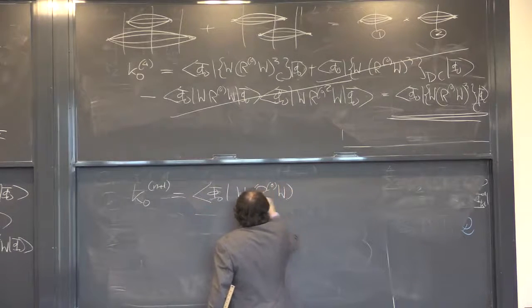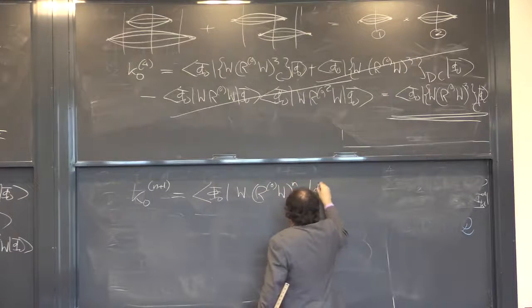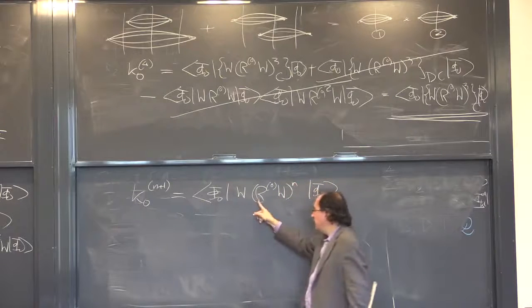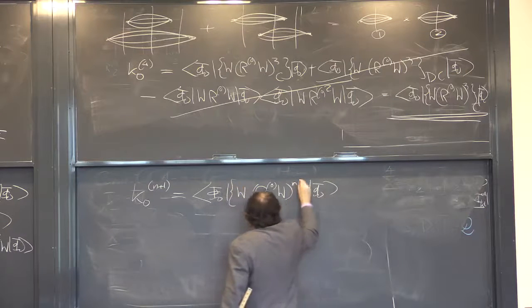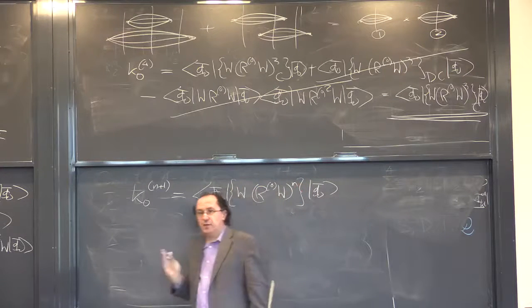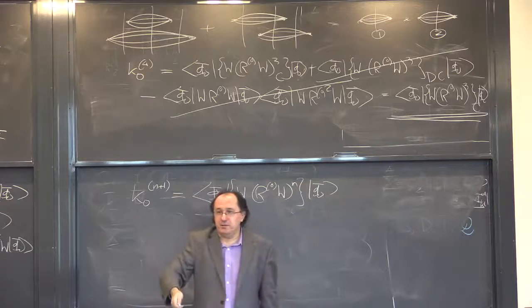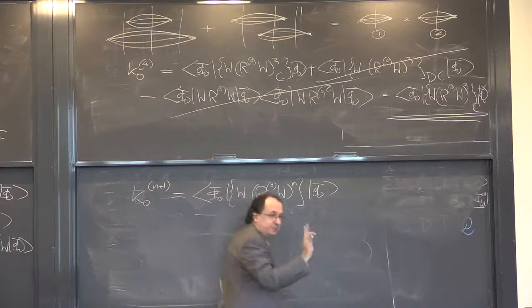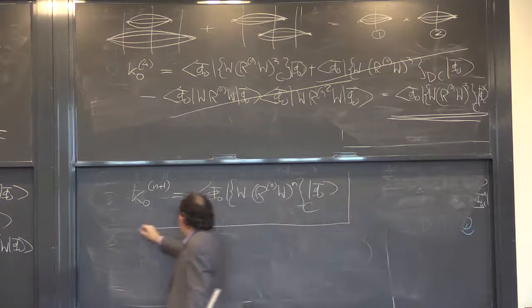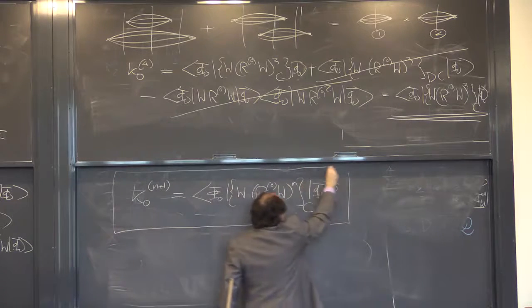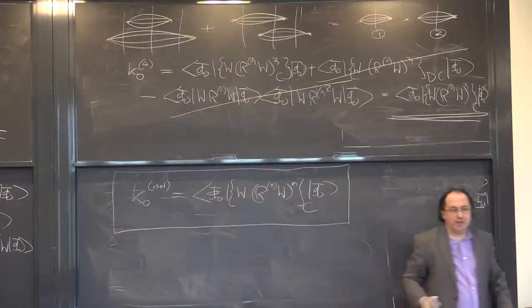The principal term, as you remember, has this structure: W, R0, W to the N, and you need to just draw the resulting diagrams with no external lines, avoiding dangerous denominators, and connected. Of course, connected will then immediately guarantee that. This is the consequence of the linked cluster theorem for energies.